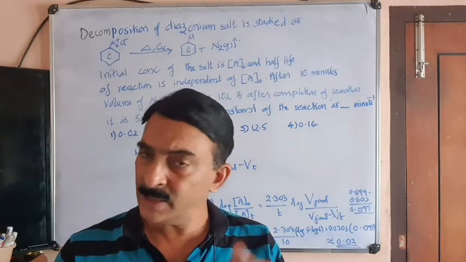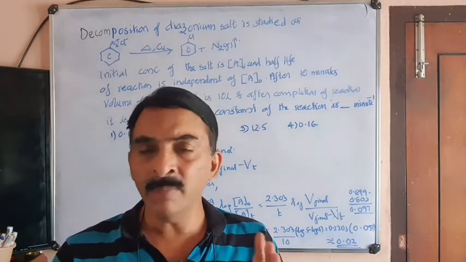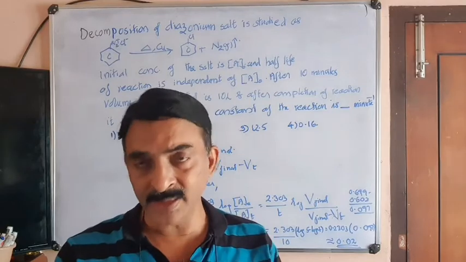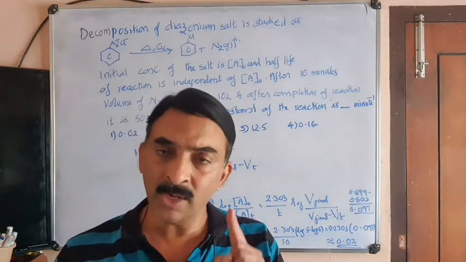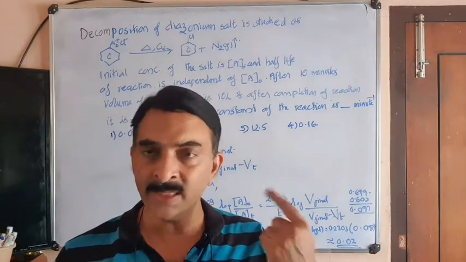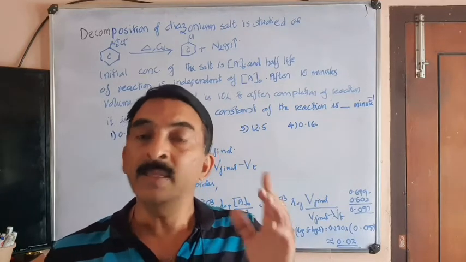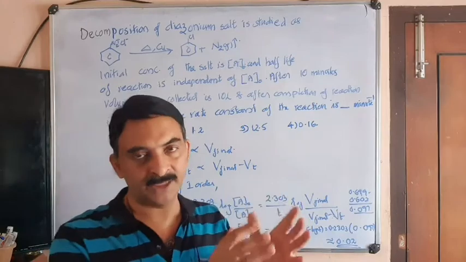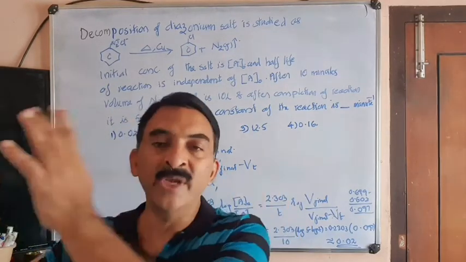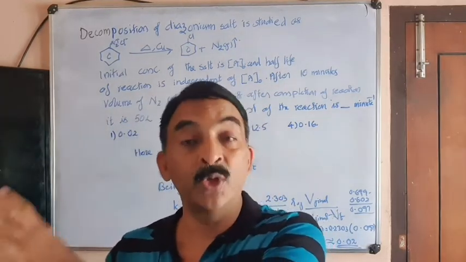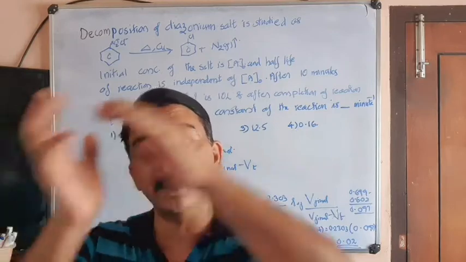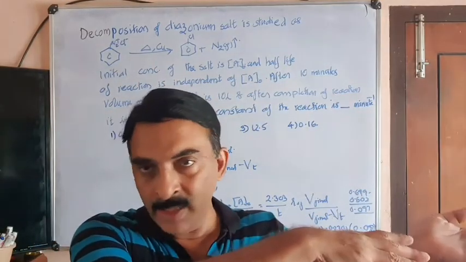When the reaction is complete, the volume of nitrogen collected is 50 liter. They have also given the volume of nitrogen collected at the 10th minute. See, the final volume we measure will be proportional to the initial concentration of diazonium salt, because all the initial diazonium salt has finally become nitrogen.